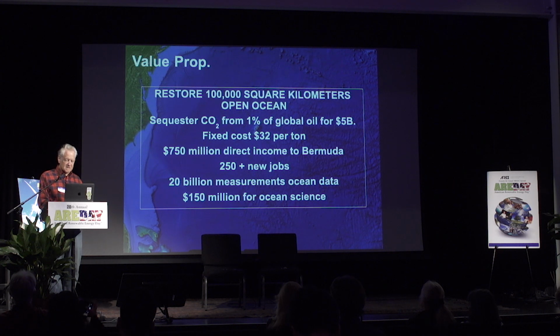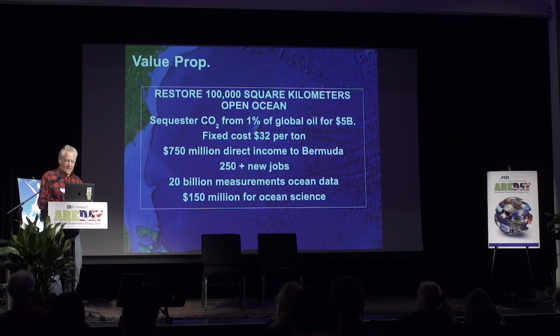We'd build the pumps on the island because that's the most efficient and lowest cost, creating at least 250 new jobs, probably more. And these pumps are heavily instrumented with sensors. So over the 10-year project duration, we would have some 20 billion measurements of ocean data. This would be the most studied area of the ocean anywhere on the Earth.